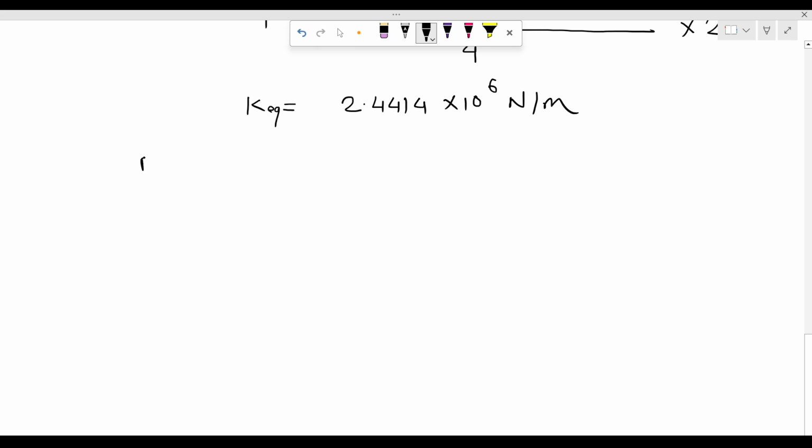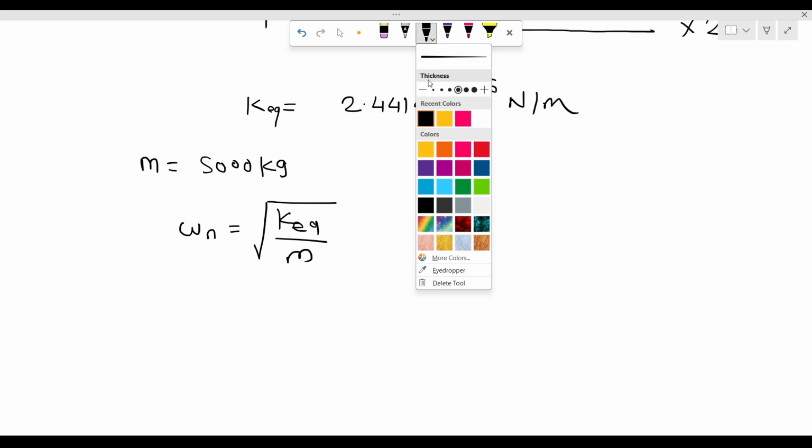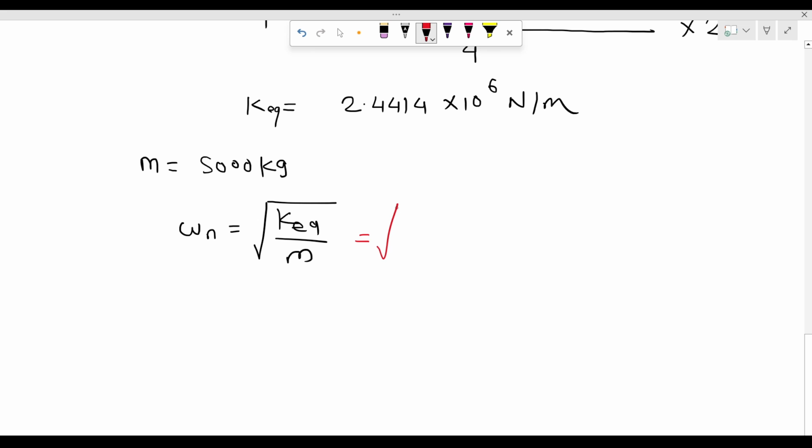In the problem, they have given mass equal to 5000 kg, right? So I can calculate omega n is equal to square root of K equivalent upon m. Okay, so let's put the values here. 2.4414 into 10 raised to 6, mass is 5000.